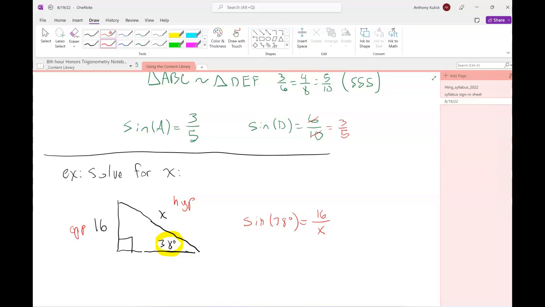Everybody's cool there? At this point, the geometry is done. It's algebra time now. To solve this equation for x, what should I do first? Multiply by, not 16, x. Yeah. I want to get that x out of the denominator.